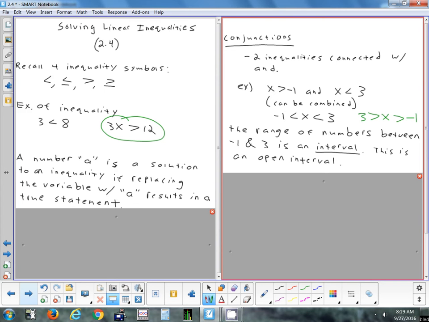When you use a closed circle, what symbol corresponds to closed circles? Parentheses or bracket? David? Bracket. Bracket. When you use an open circle, the symbol that corresponds with that is parenthesis. So just don't mix them. Either use the circles or use brackets and parentheses.